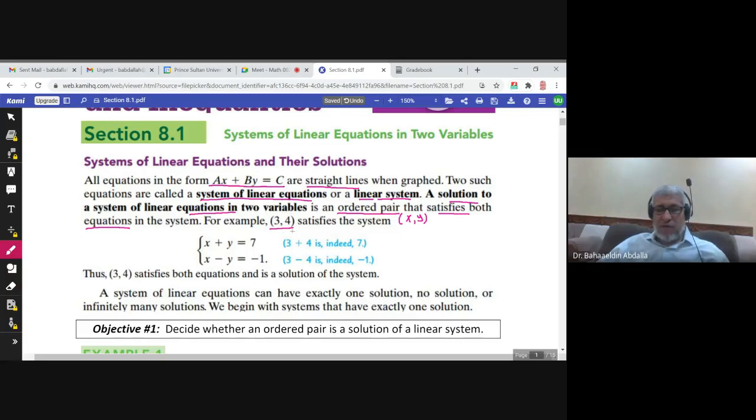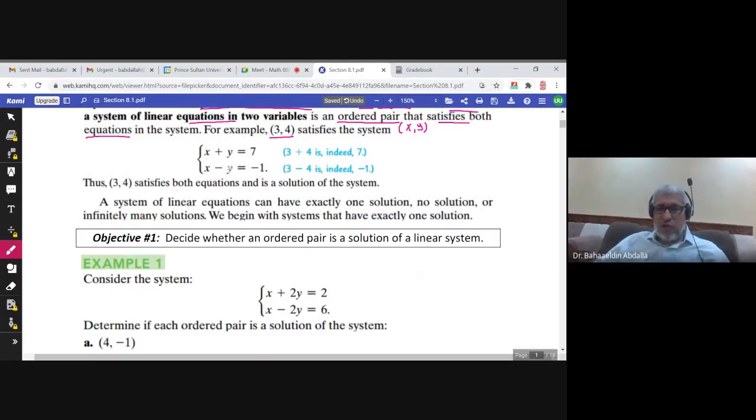For example, 3 and 4 satisfies these two equations, because if you put x 3 and y 4, then 3 plus 4 is 7, and 3 minus 4 is -1. So 3 and 4 satisfies both equations, so it is a solution of the system. When he asks you to find the solution of the system, he needs this ordered pair, 3 and 4.